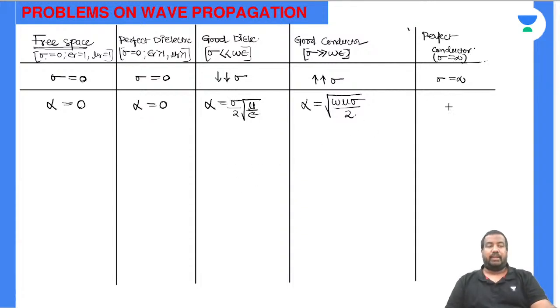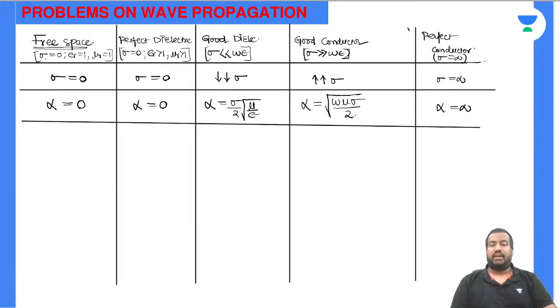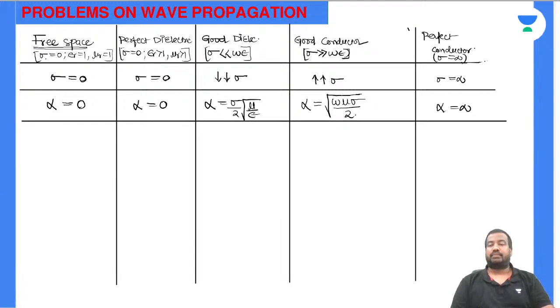Sigma is infinity, alpha is also infinity, infinite attenuation, not possible. That's the reason the wave cannot propagate in a perfect conductor, infinite attenuation is there. Now you can see the journey of alpha from 0 to infinity here: 0, 0, very less value, more value and infinity. More is the conductivity, more is the attenuation. Clear?